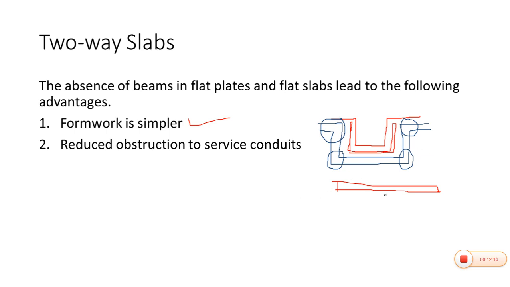Whereas if I have a horizontal platform, then I will put just a single conduit to carry the water or the electric lines. So that's why it reduces the obstruction to the service conduits.